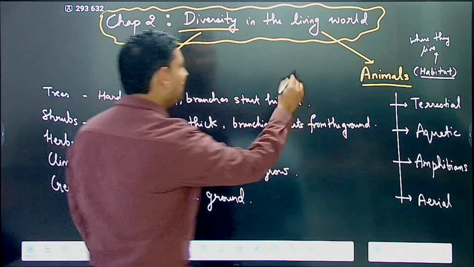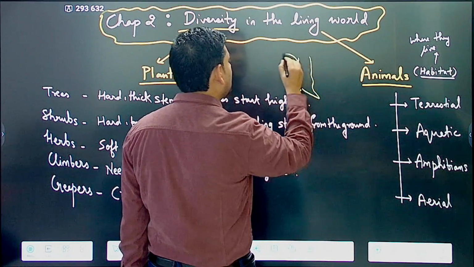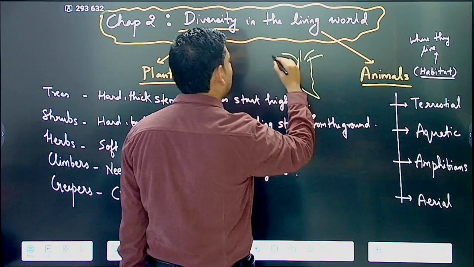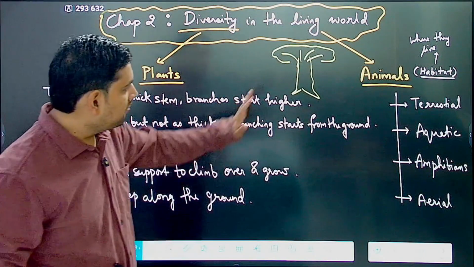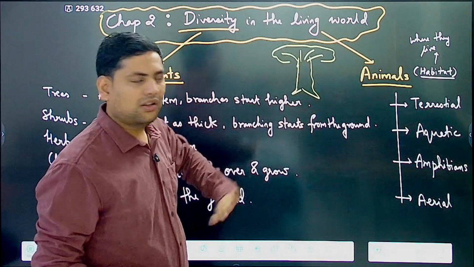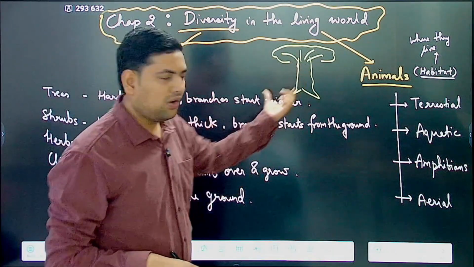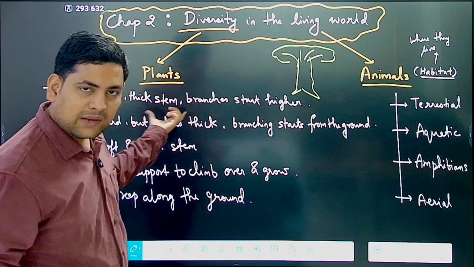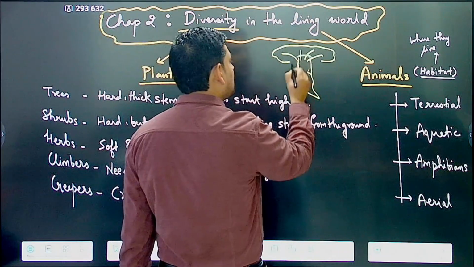If you have seen trees, they look something like this. The branches start much later from the ground, and the wood, or the stem that you see here, is hard and thick.